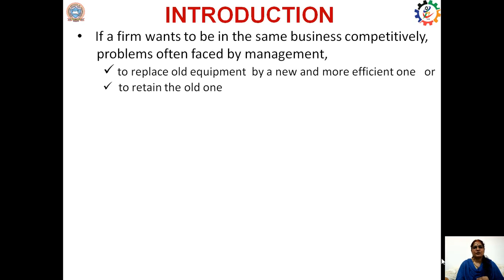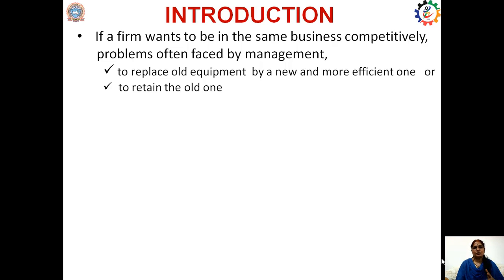If a firm wants to be in the same business competitively, producing the same products, the management often faces a few problems. Important among them is a decision making problem, that is whether to retain the old machine or to replace it with a new, more efficient one which is available in the market.